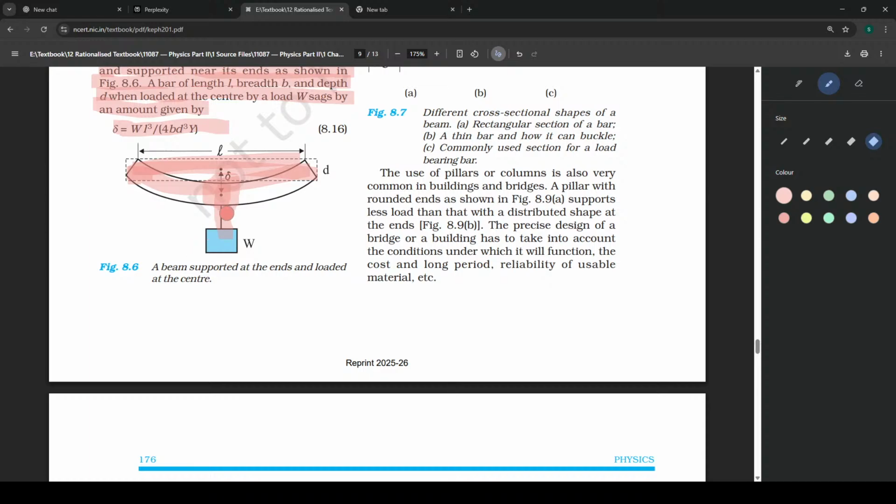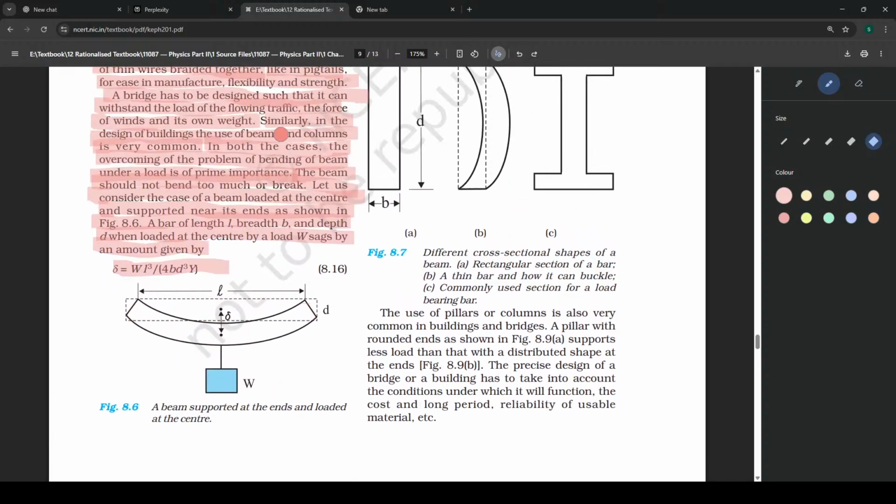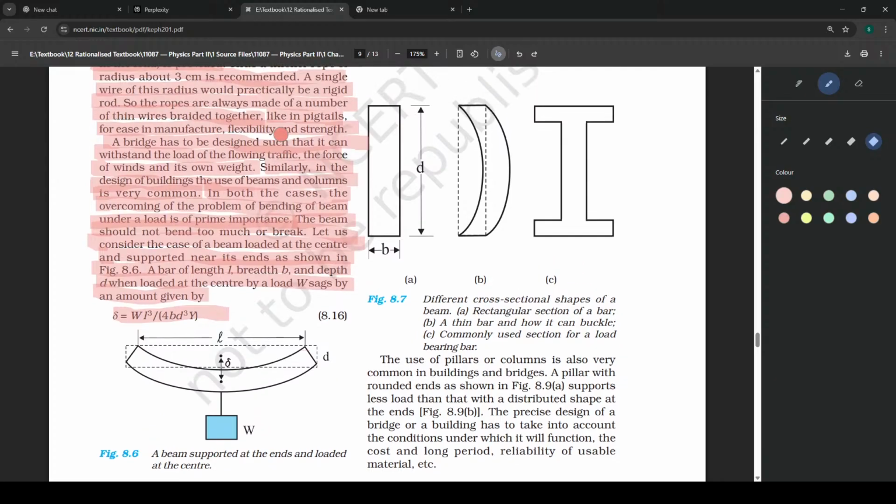Now a weight, a load, is connected to the center. In this scenario, there is a beam with a load connected at the center, and it is supported near the ends. It is fixed at the ends, as shown in figure 8.6.